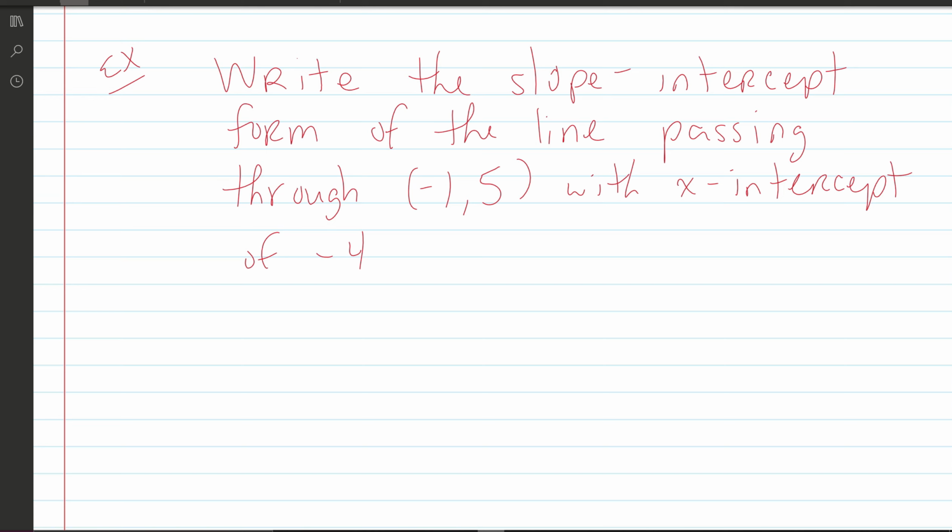So we know a few things. We have a point -1, 5. We're given this point and our line crosses through it. Points are ordered pairs that have x and y values. Next we have an x-intercept of -4.